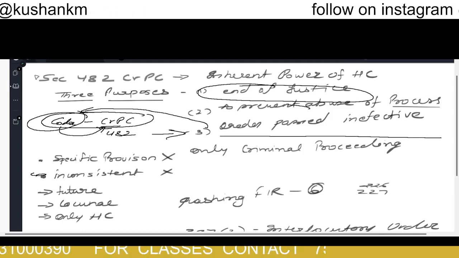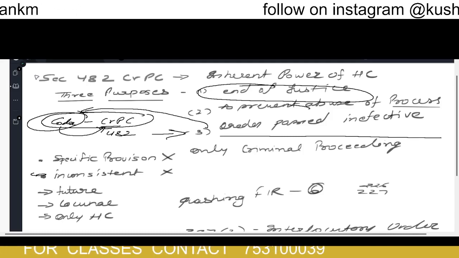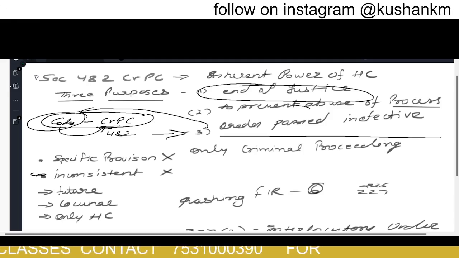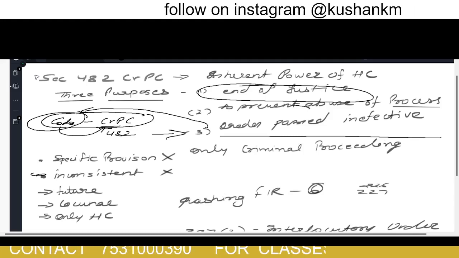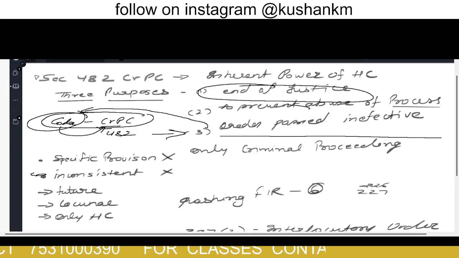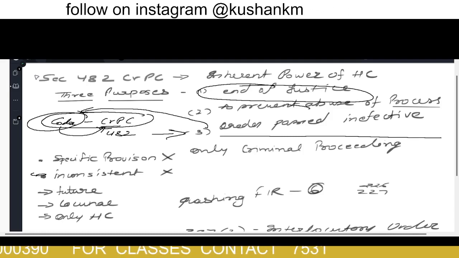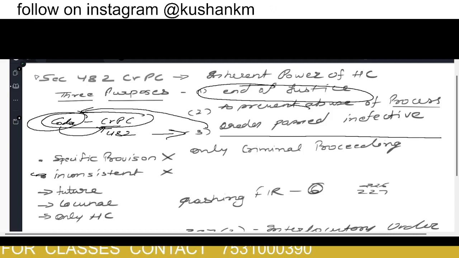So for that also our lawmakers introduced section 482, so that the inherent power of courts would be powerful enough to do whatever it wants to do to secure the ends of justice. So this is one of the important reasons why the lawmakers introduced section 482.